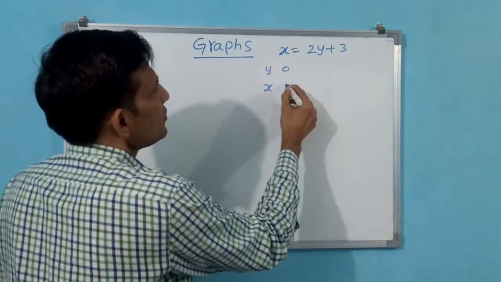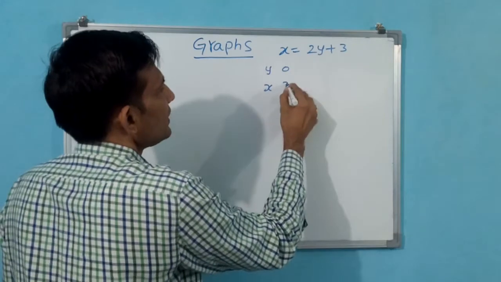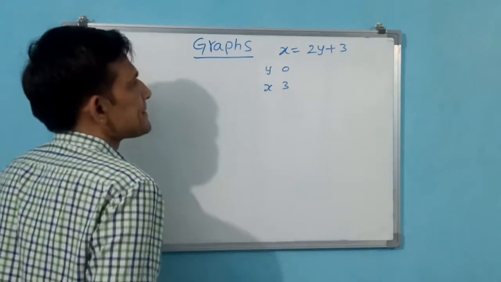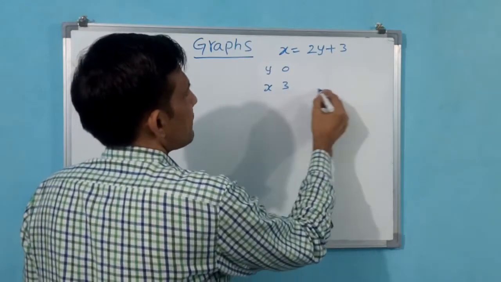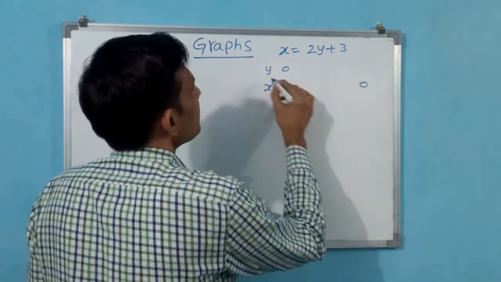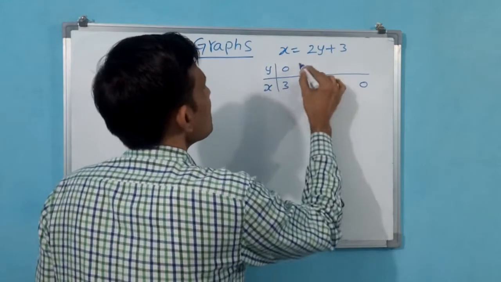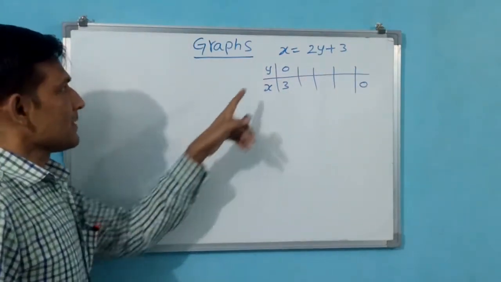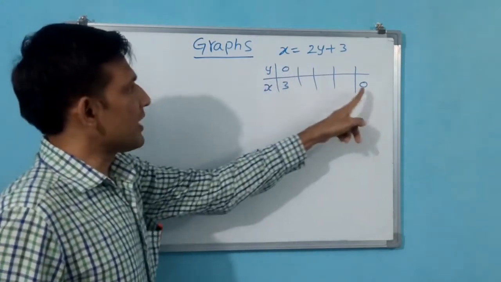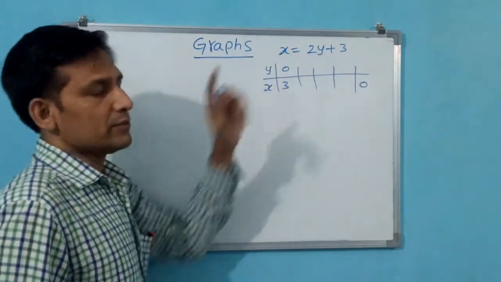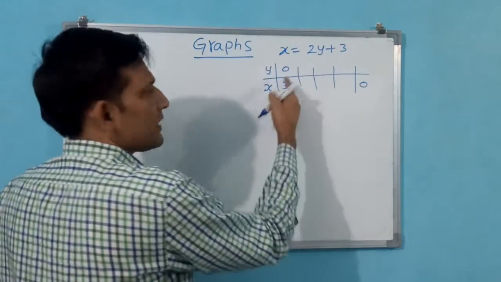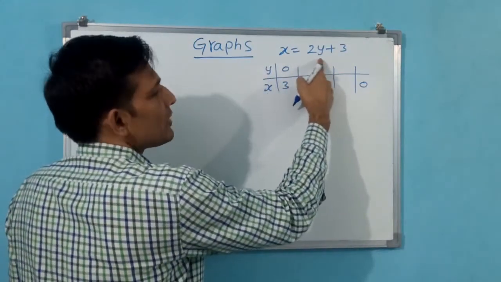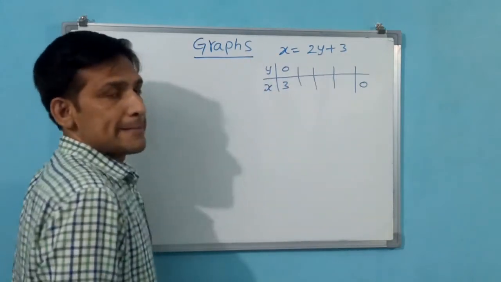If y is equal to 0, x is equal to 3. If x is equal to 0, when y is equal to 0, this is going to become 0, x is equal to 3.